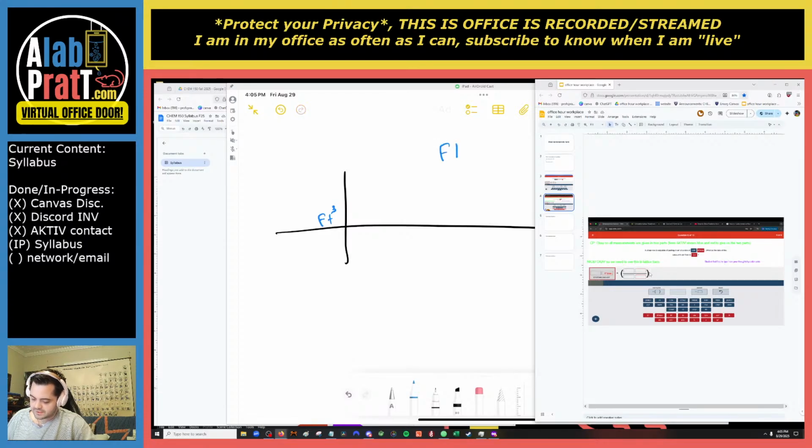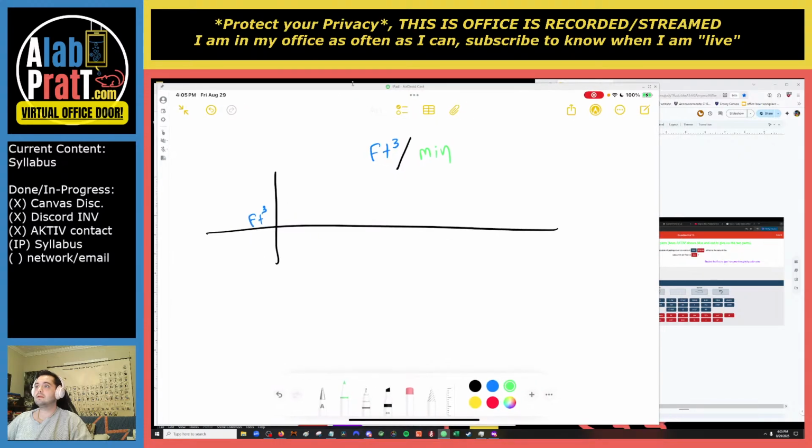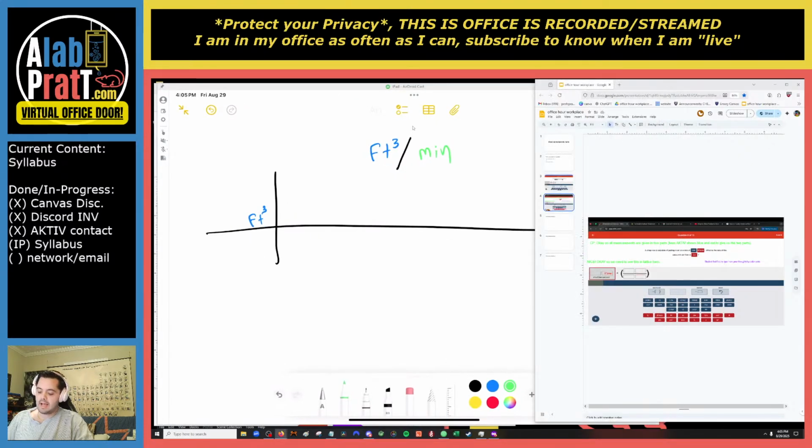So I have foot cubed divided by minute. So the first thing I want to show you is that there needs to be some exponent here. Whether we put it or not, there is one. And so in this case, as written, it would be to the power of 1.